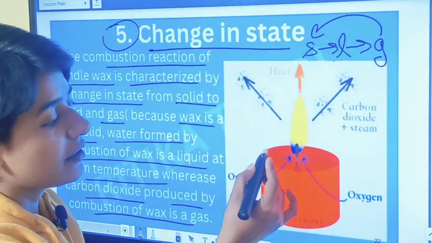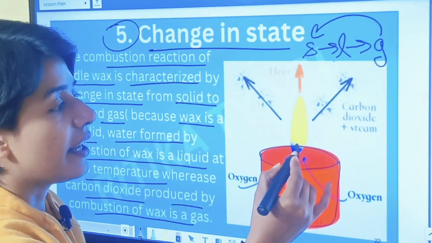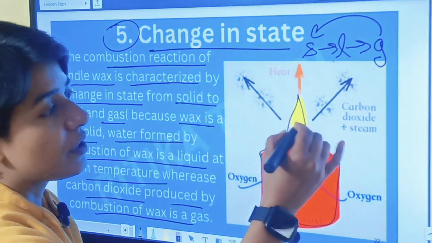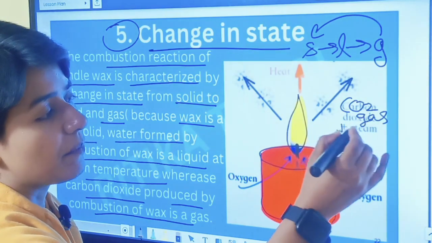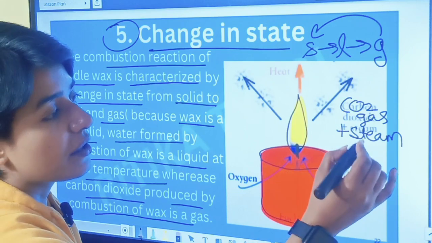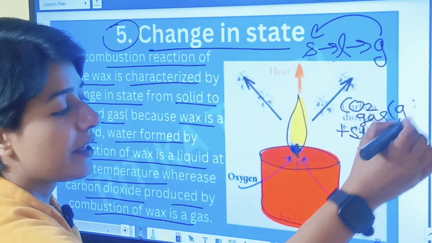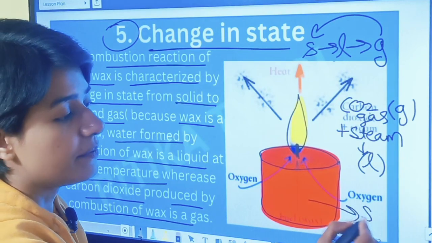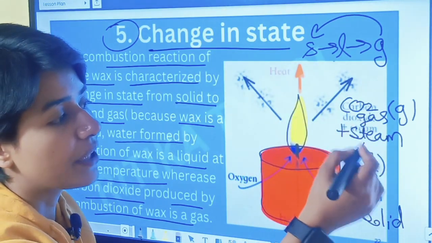So here it shows burning of candle wax, which releases carbon dioxide gas plus steam. Steam means water vapors. So it is liquid, it is gas and it is solid. So there is a change of state from solid to gas and liquid.